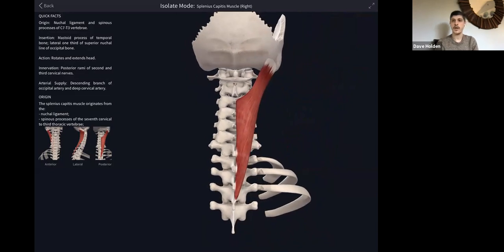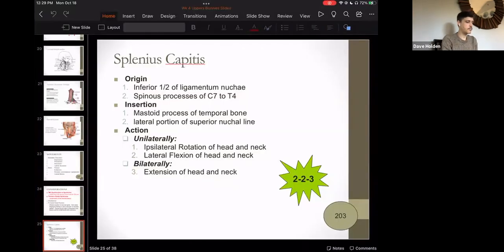So the origin is on the spine, the insertion is behind the ear. It will either pull us into lateral flexion or bilaterally, it will pull us into extension. We also have ipsilateral rotation. So one side contracts, we rotate to the same side.